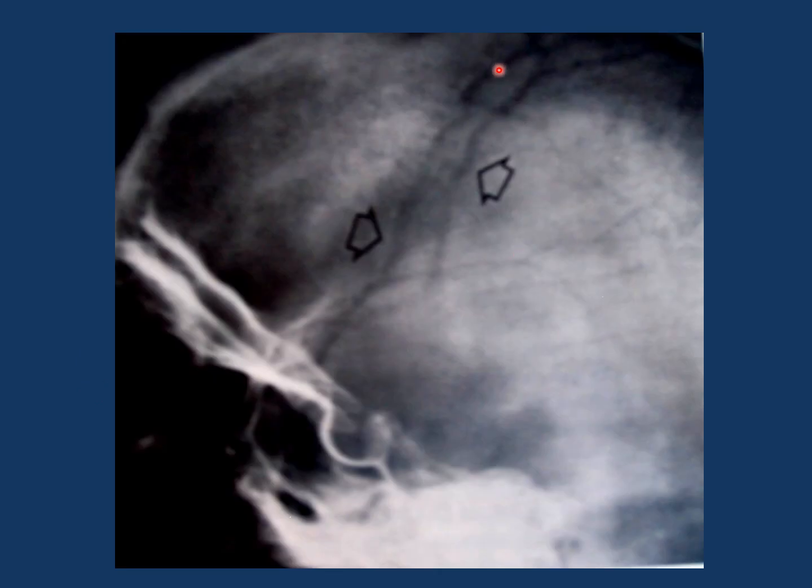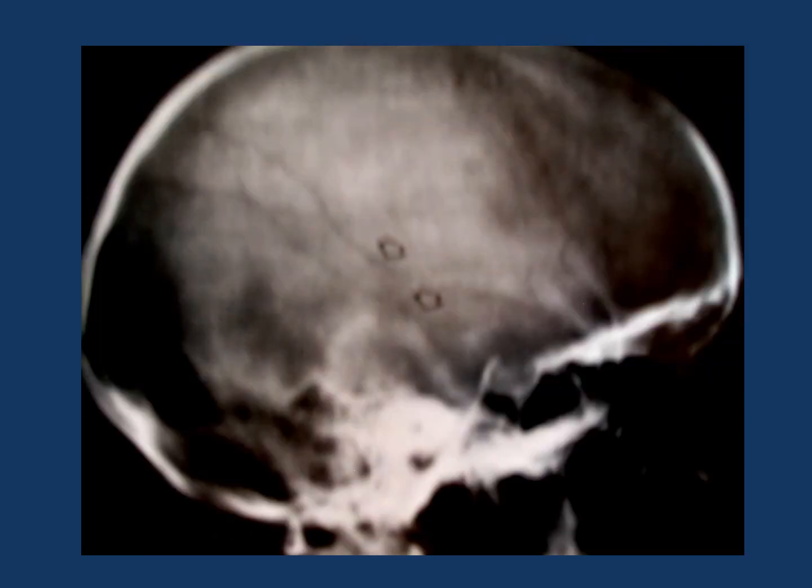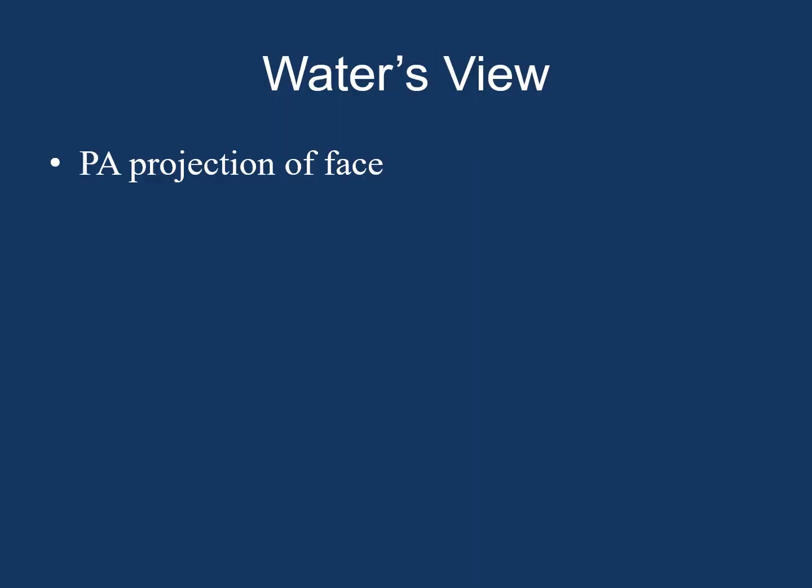Here is the anterior groove for the middle meningeal artery. This one is the groove for the posterior branch of the middle meningeal artery. If you want to look at fractures of the face, then you have to add the Waters view, which is a PA projection of the face.